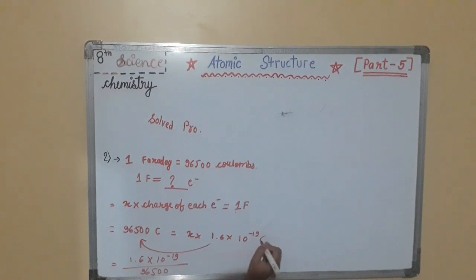Because this is coulomb and this is also coulomb, the coulomb will get cancelled. After that, the remaining is this. After simplifying, the answer comes 6.03 multiplied by 10 raised to 23 electrons.